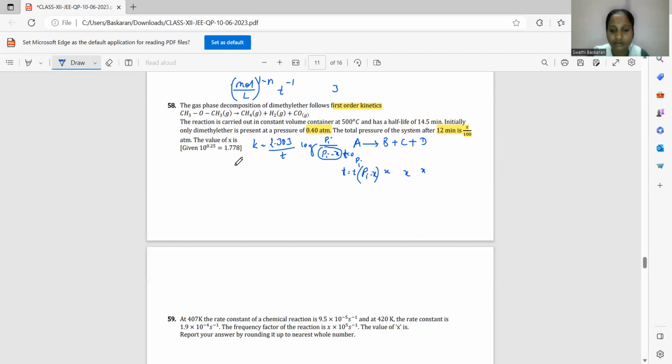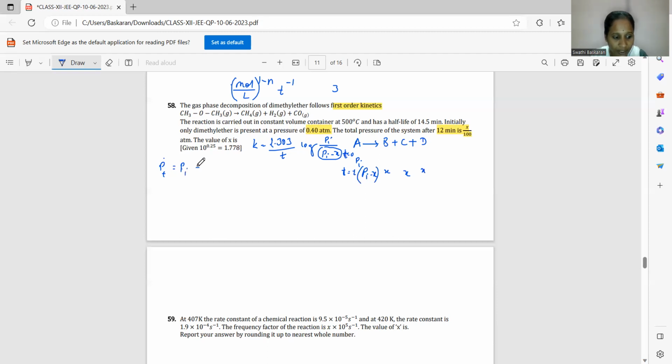Now we also will determine one more thing, which is the total pressure of the system when time is T. That will be written as PT. So how much will be PT? The summation of all these things: Pi minus X, X, X, X, which means it will become Pi plus 2X.